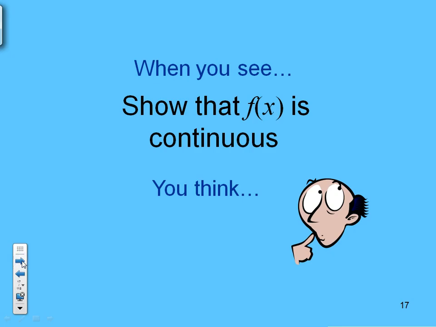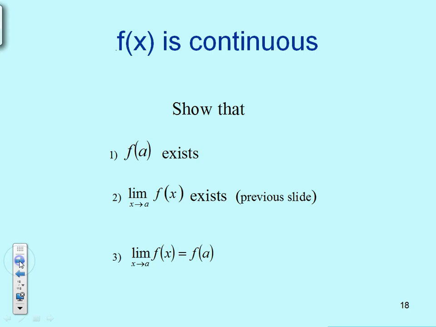What's different if it's for continuous? The definition of continuous. Do I still check the limit? Yeah. But I also need to test it with the function value and make sure they're the same. Take the limit to make sure it agrees with it, right?